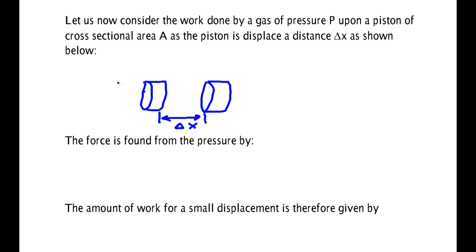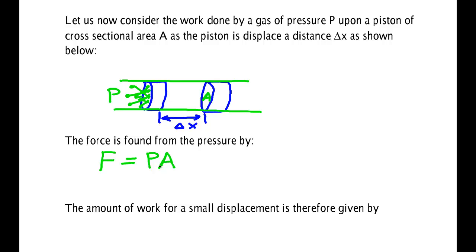So inside this container, it's not a person pushing it, but a bunch of gas molecules banging along it. That is, there's some P. And to find the force, assuming that this has an area A, the force applied by the gas to the piston is the pressure by the gas times A, the area of the piston.